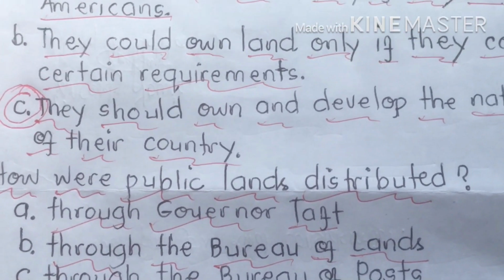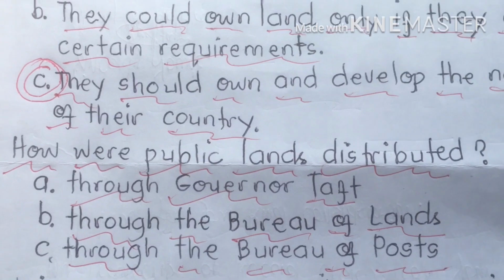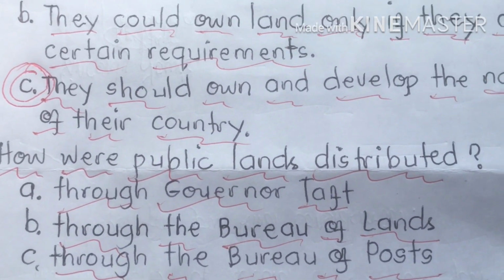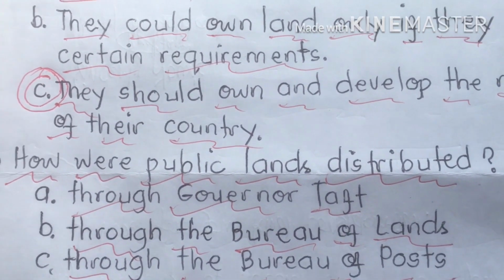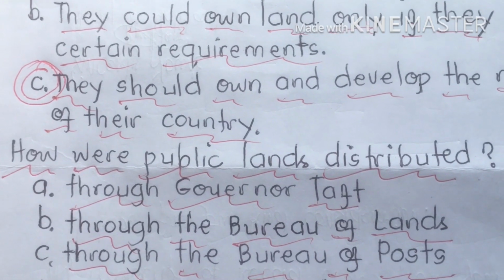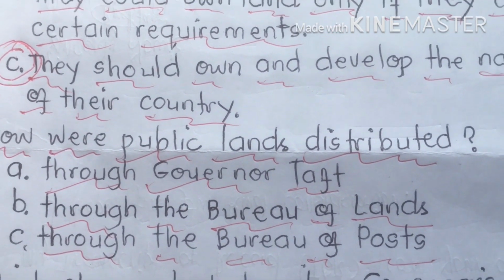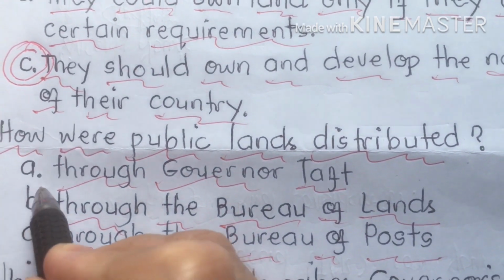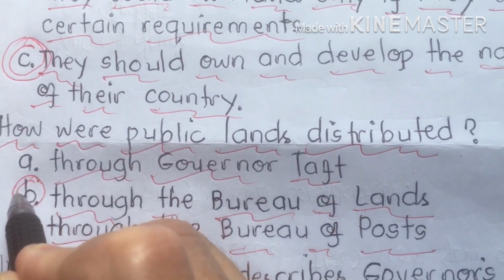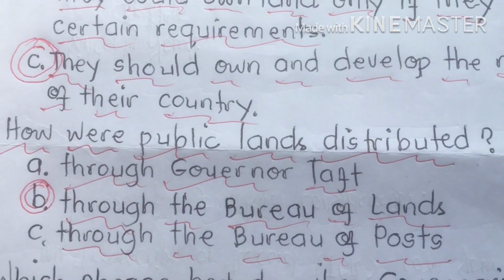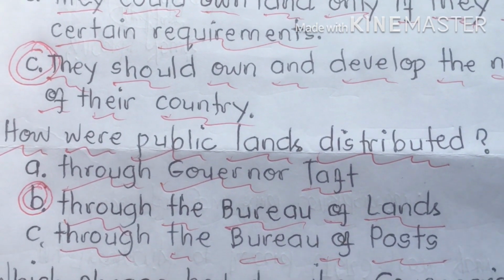Which is the right answer? Okay, for number 2, you have to jot down only the letter of your choice. The right answer is letter B. If your answer is letter B, that means to say, class, you are correct.